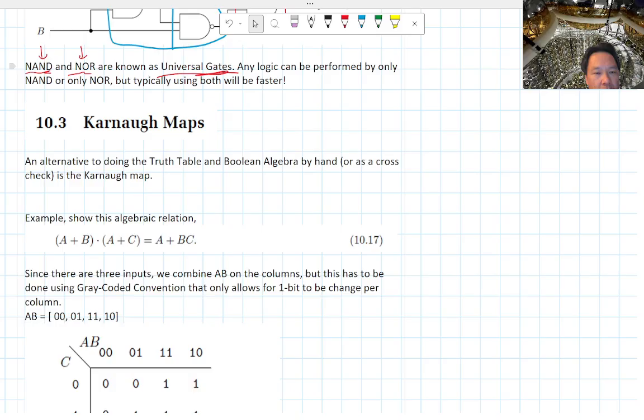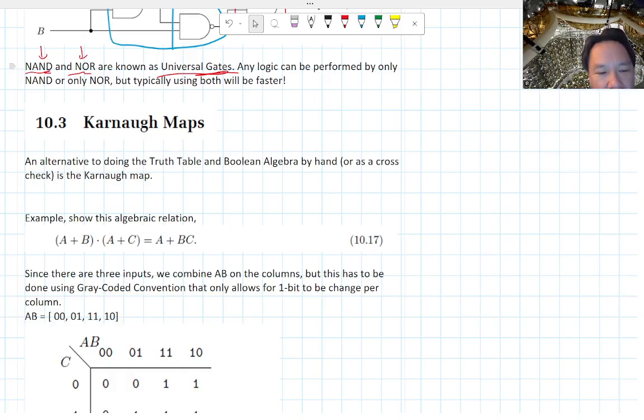The next thing I want to talk a little bit about is the Karnaugh map. This is very useful because as you have more and more inputs, the size of your truth table increases rapidly. If you have 2 inputs, the truth table is 4 rows, but if you have 4 inputs, the number of rows goes up to 16.